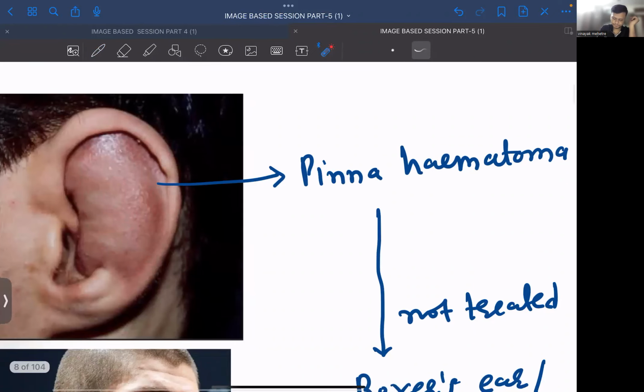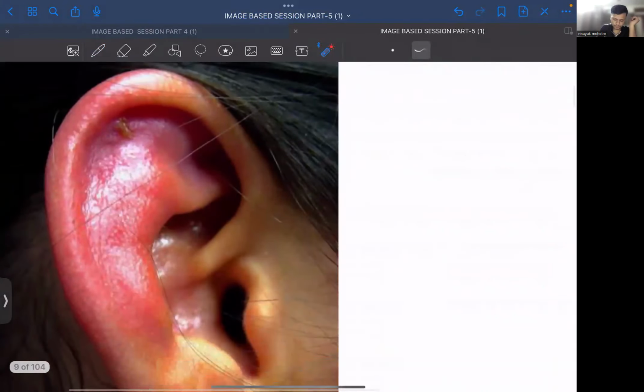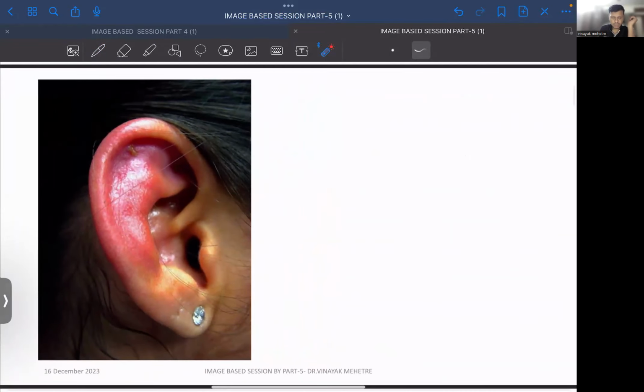But now comes redness on the external ear, except one part of the external ear, this part, that is called the lobule. There is no redness on the lobule. What is the disease? You know this, I know that.